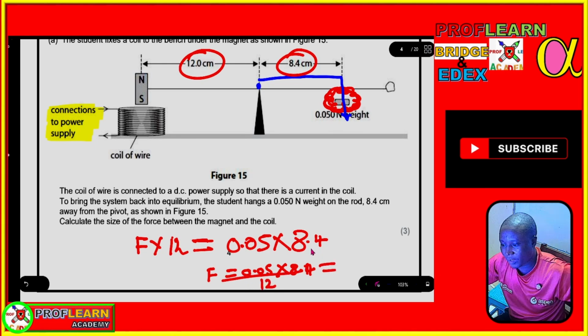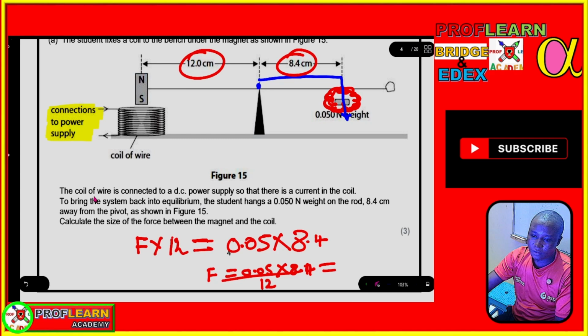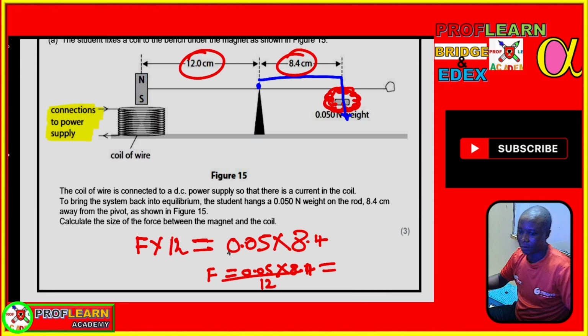So simplifying this, what does it give us? Write it in the chat section. If you work it out, what will it give you? Let me know what the answer could be.